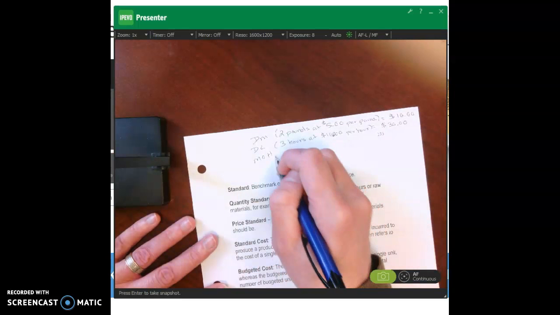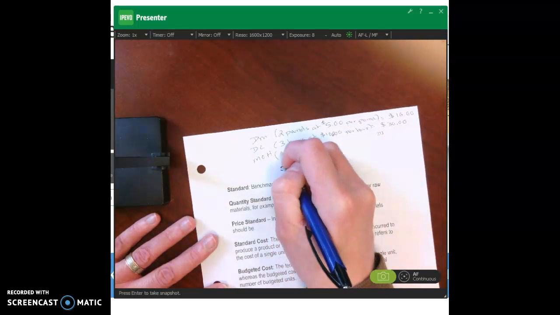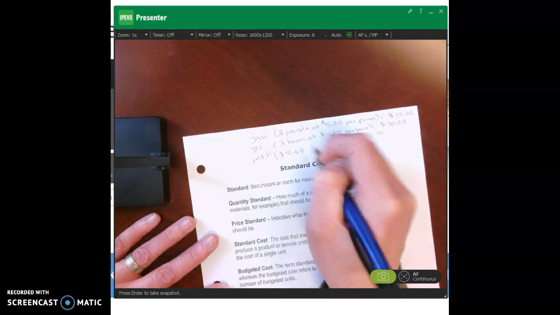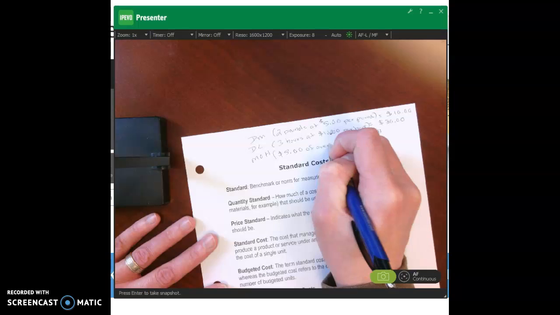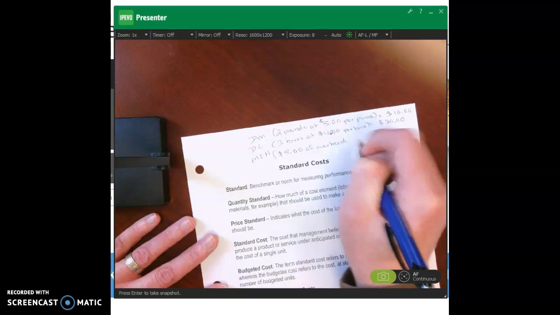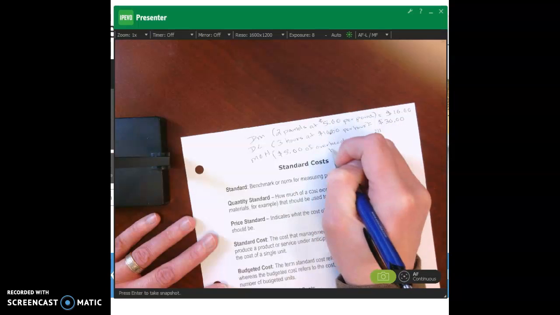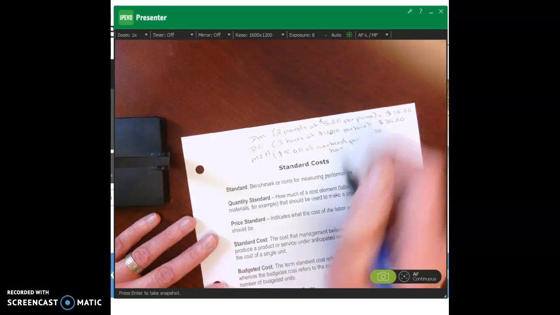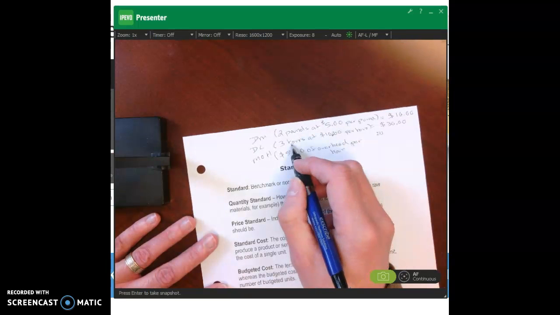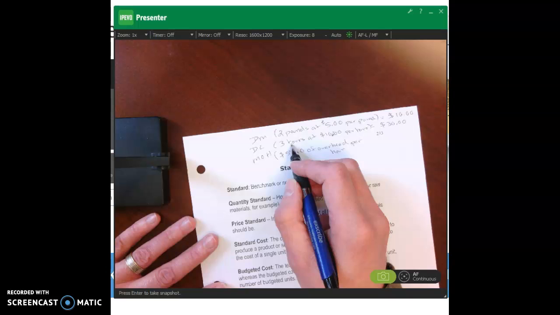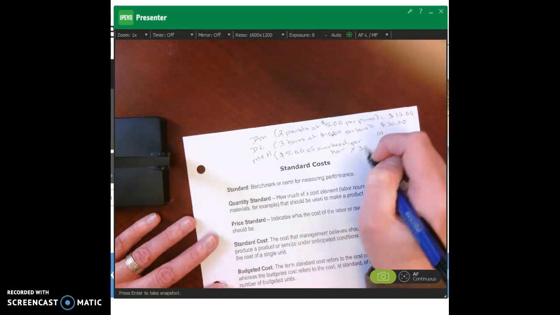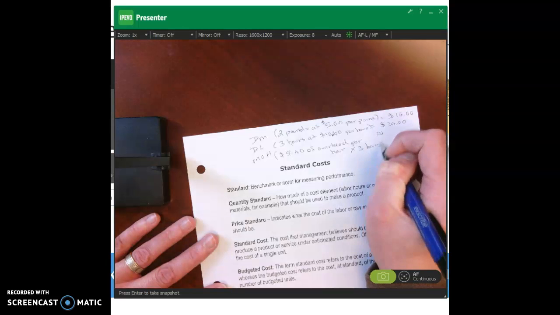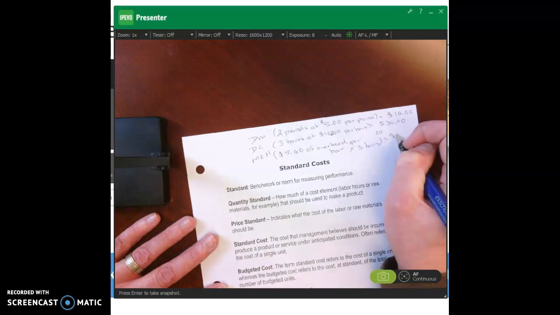And then what we can say is our overhead, let's say that we charge $5 of overhead, that's our rate of overhead per hour. And then we know that each unit takes those 3 hours, so in this case times 3 hours, which means that our overhead is $15 per unit.